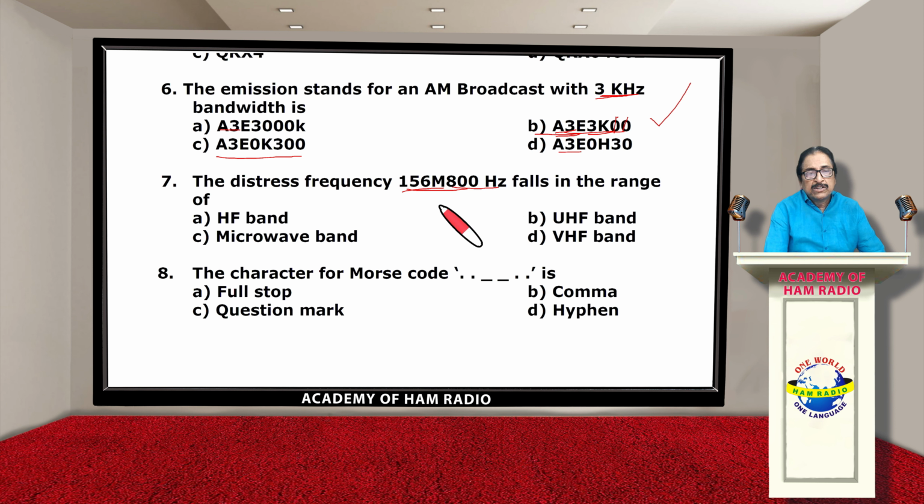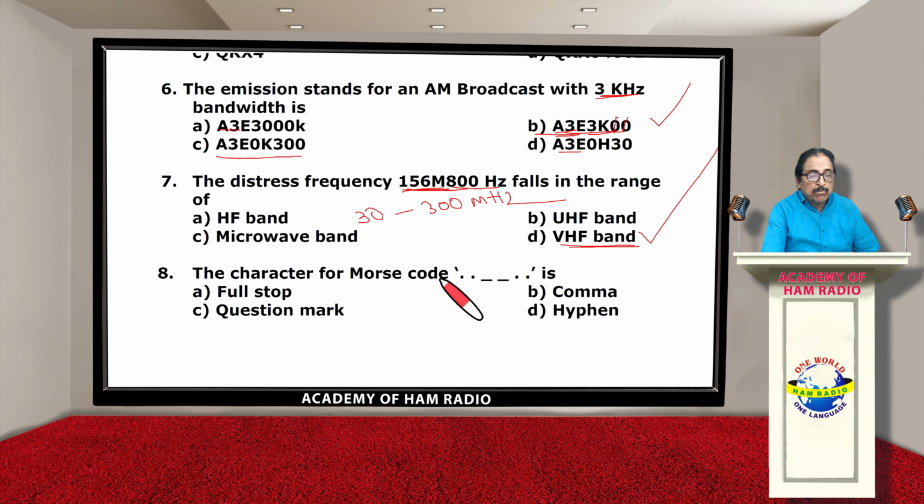You can straight away recognize this is in the range of VHF band. We all know the VHF band spectrum is 30 to 300 megahertz. So obviously this 156.800 falls in the range of VHF band. Delta is the correct option.